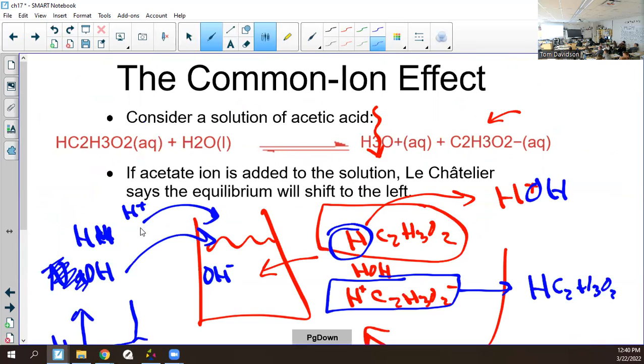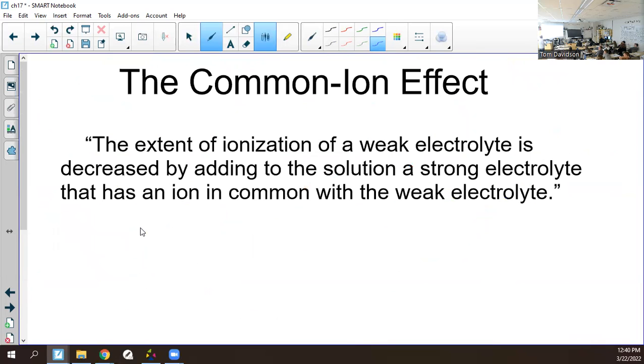We're getting there. Okay. So the extent of ionization of a weak electrolyte is decreased by adding to the solution a strong electrolyte that has an ion in common with the weak electrolyte.